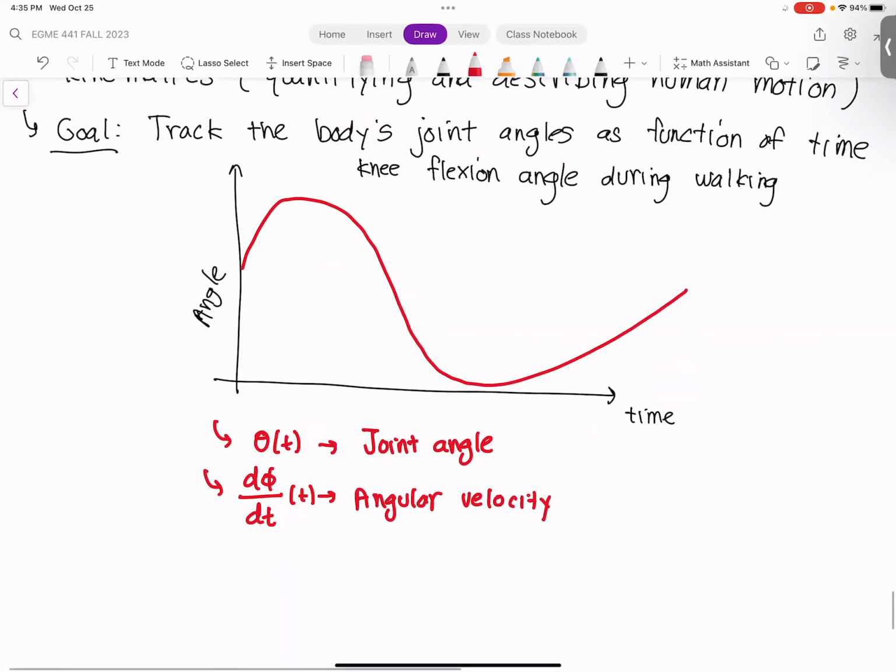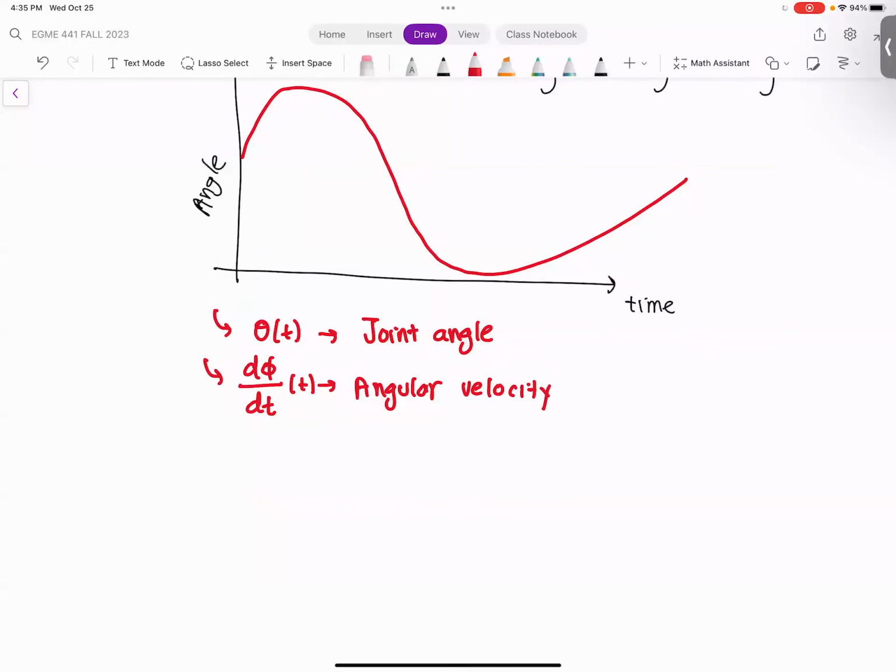Taking the derivative of an angle gives you angular velocity, and you can take one more derivative. If you take the derivative of angular velocity, you get angular acceleration.